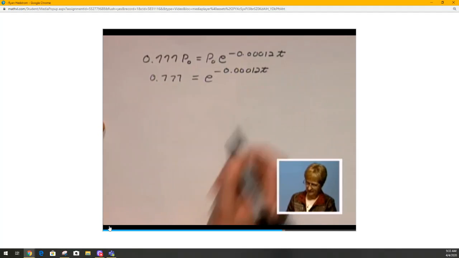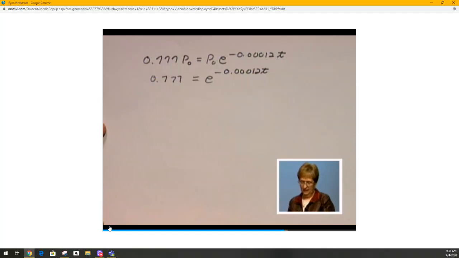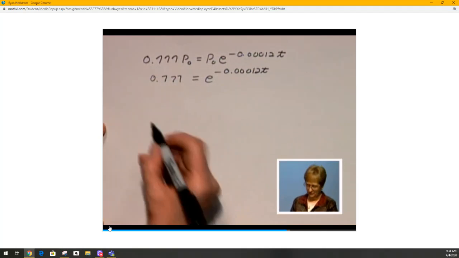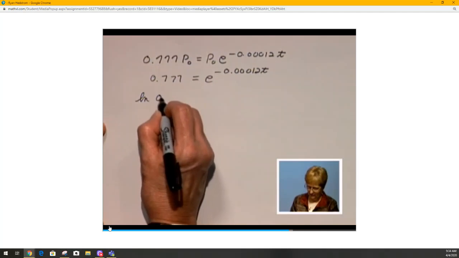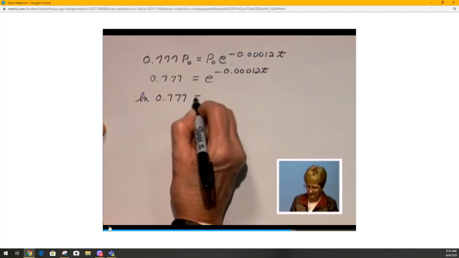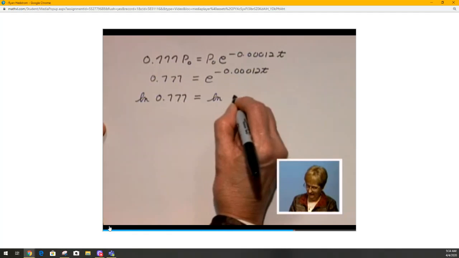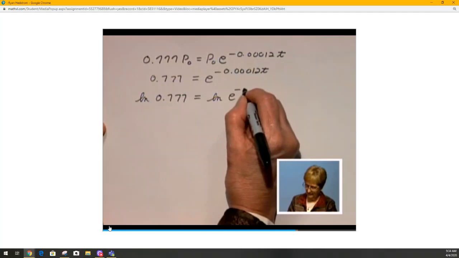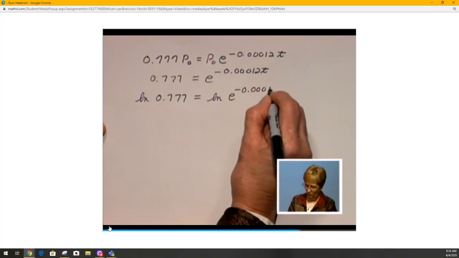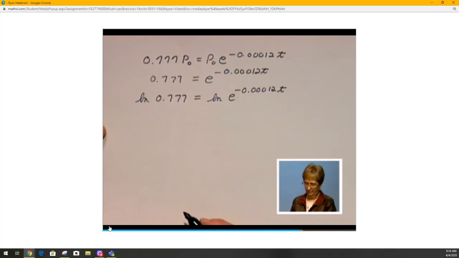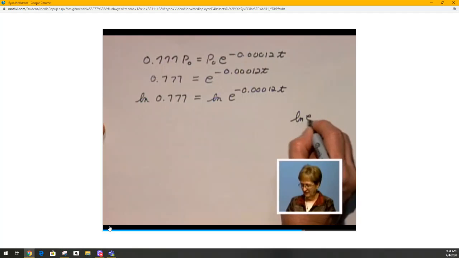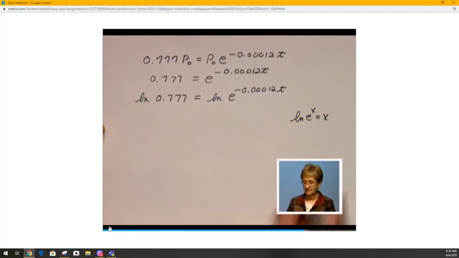0.00012 t power. Now let's take the natural logarithm on both sides. We have the ln of 0.777 equals the ln of e to the negative 0.00012 t. We know the ln of e to the x is x.